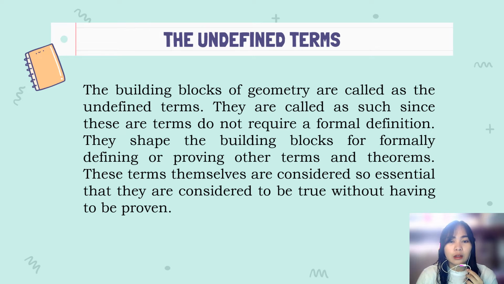These terms themselves are considered so essential that they are considered to be true without having to be proven. So, our undefined terms are point, line, and plane. Always remember our three undefined terms in this lesson: point, line, and plane.